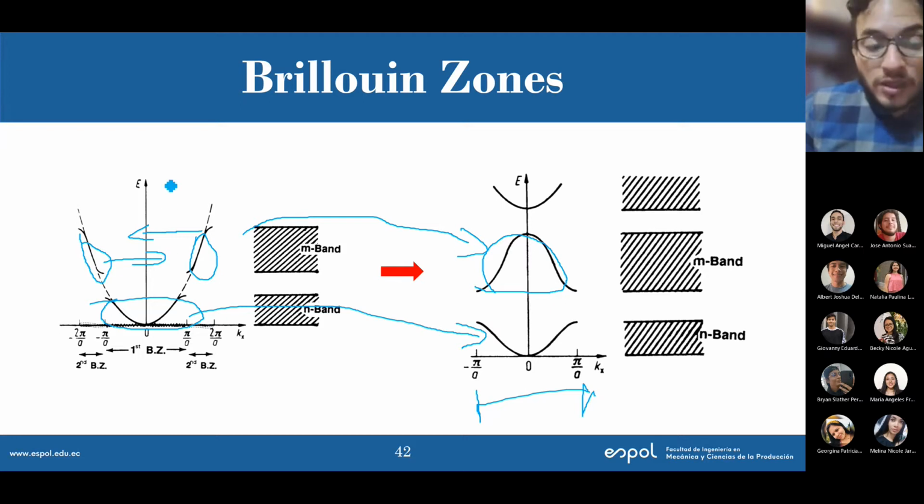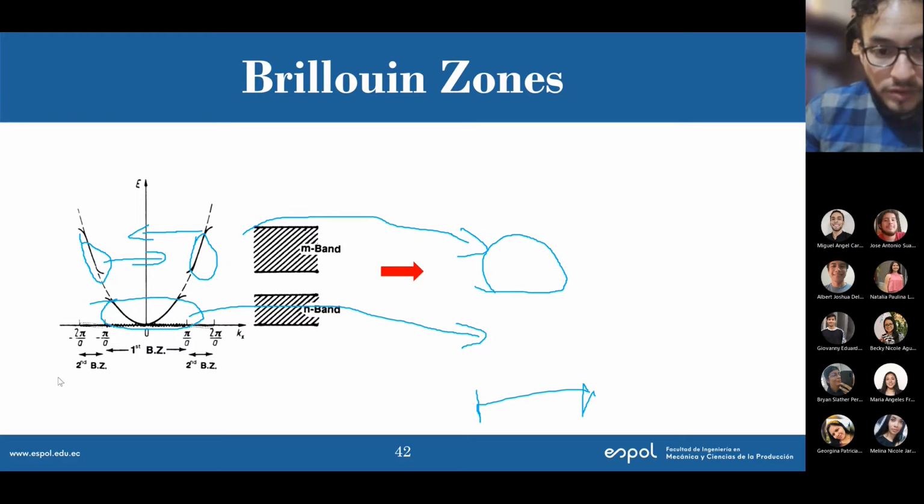And something will come here, something like that, right? It will be something like that, and it will be something like that, right? Actually, no, it's going to be the other way. Okay, I will have another Brillouin zone here, right?